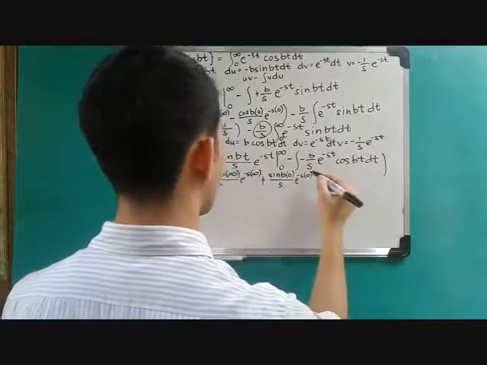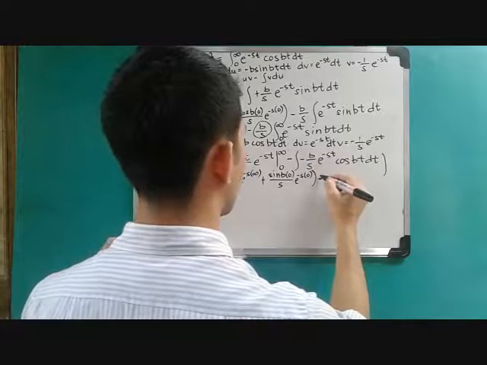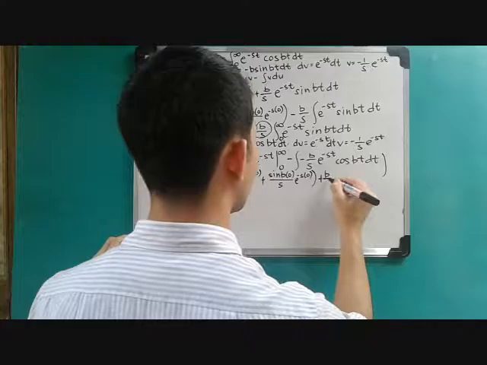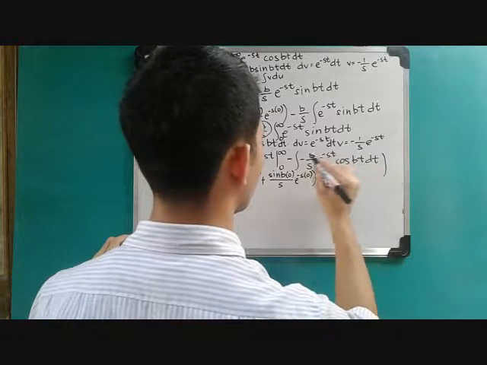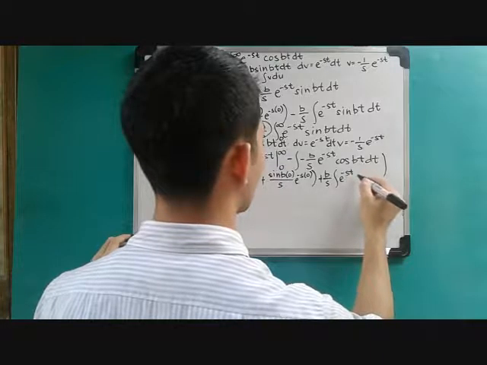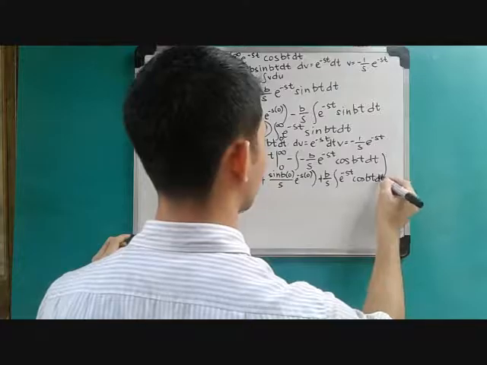So minus becomes plus b over s integration of e raised to negative st cosine bt dt.